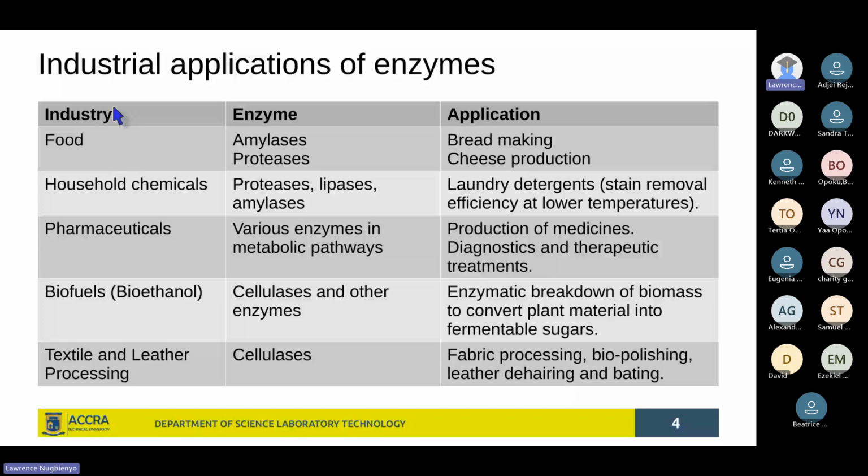We've seen amylases to be enzymes that break down carbohydrates, and this is applied in, say, bread making, for instance, where you have yeast that is introduced into the baking of bread, and as the yeast breaks down carbohydrates, it produces carbon dioxide as a byproduct, which will result in the rising of the bread.